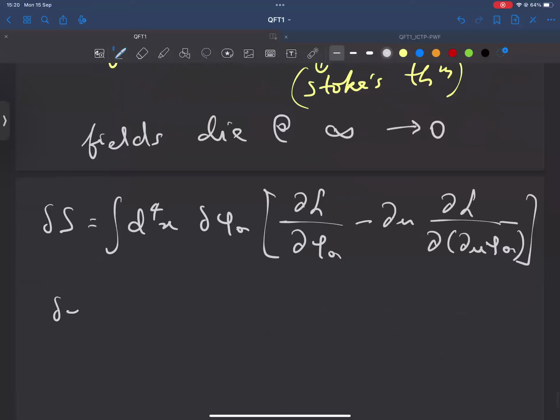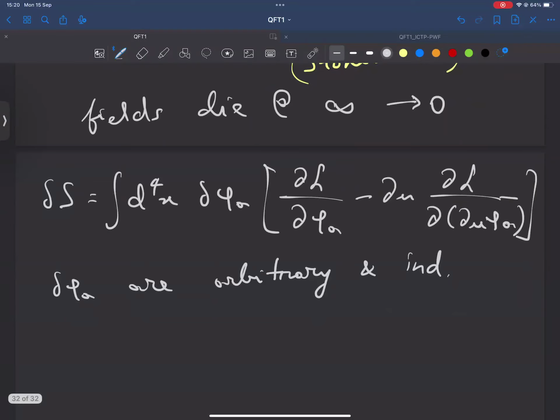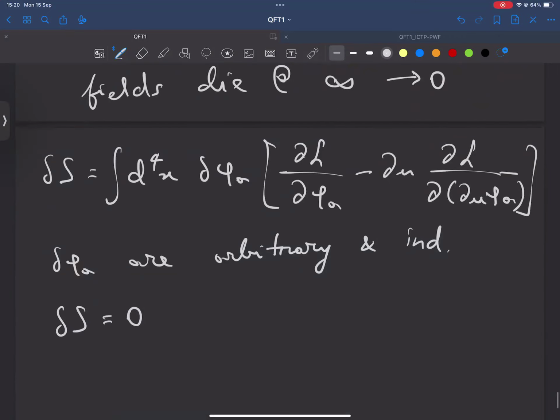Now, since δφ_a are arbitrary and independent, so each variation was arbitrary and independent. So if the variation of the action is 0, then that implies that this integrand must itself vanish.